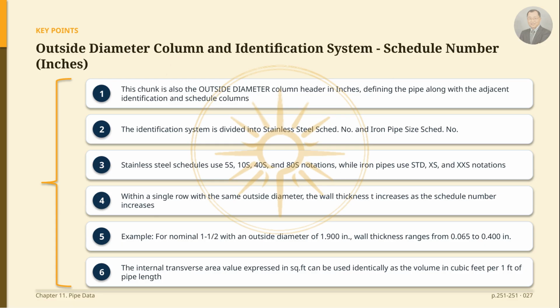For example, for a nominal size of 1.5 in, with an outside diameter of 1.9 inches, the wall thickness varies from 0.065 to 0.4 inches. Depending on the schedule, engineers should refer to the remaining detailed figures according to their design conditions. And please note that the internal area values expressed in square feet can be used identically as the volume in cubic feet per foot of pipe length.